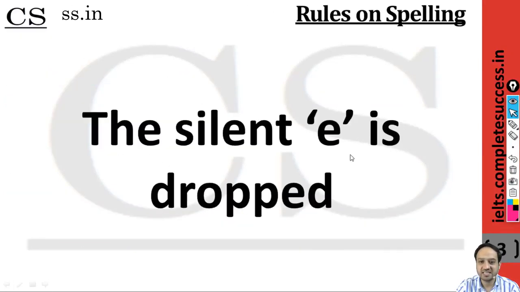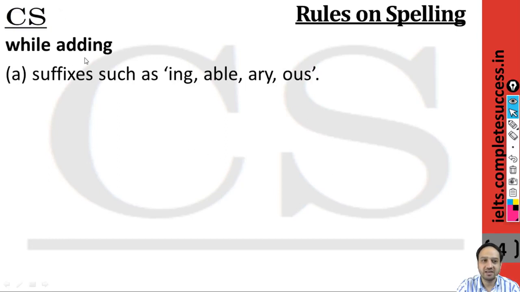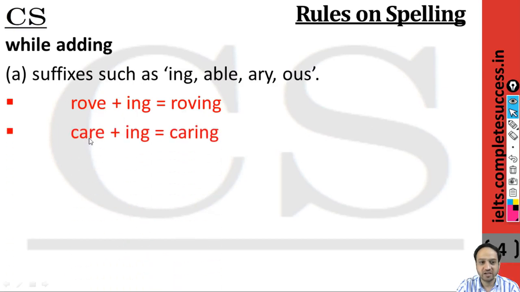The silent e is dropped when adding suffixes such as ing, able, ary and ous. So examples are rove plus ing. When we add ing to the word rove, it becomes roving, and you can see we have dropped the letter e. Care plus ing becomes caring. Again we have dropped the letter e.